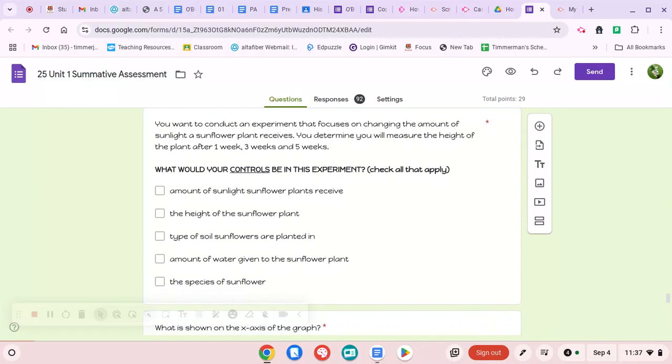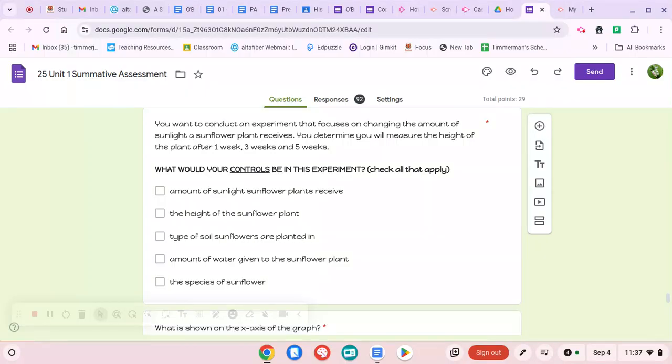You want to conduct an experiment that focuses on changing the amount of sunlight a sunflower plant receives. You determine you will measure the height of the plant after 1 week, 3 weeks, and 5 weeks. What would your controls be in this experiment?